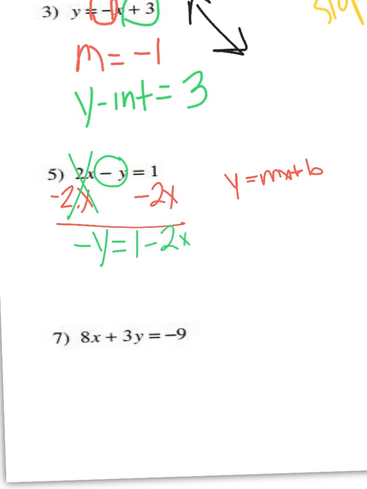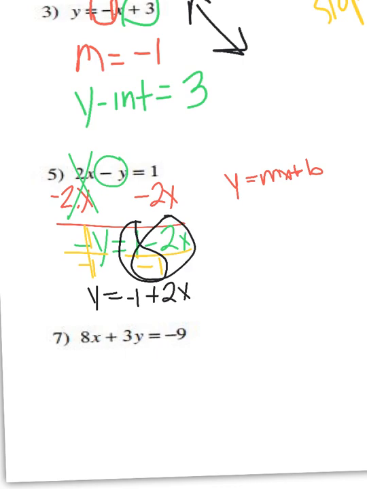I need to get rid of that negative in front of the y because I want y by itself. So that's actually a -1. If I divide both sides by -1, I get y equals 1 divided by -1 is -1, and -2x divided by -1 is 2x.